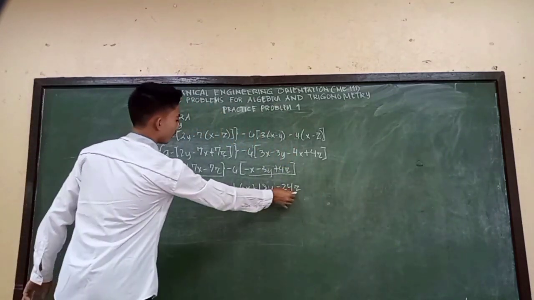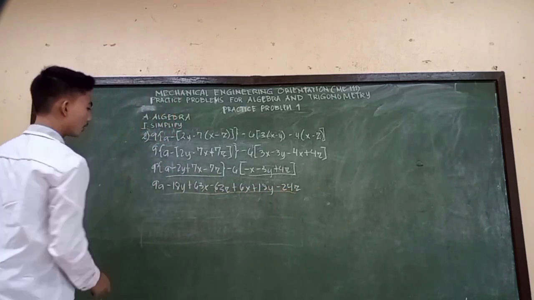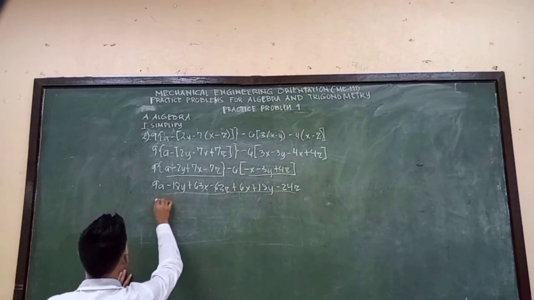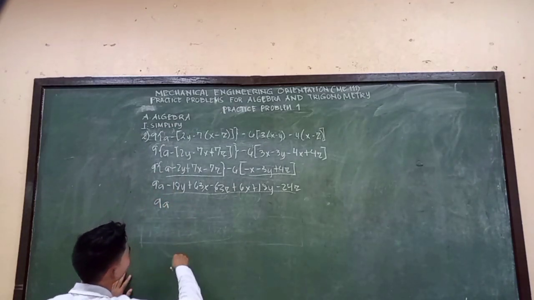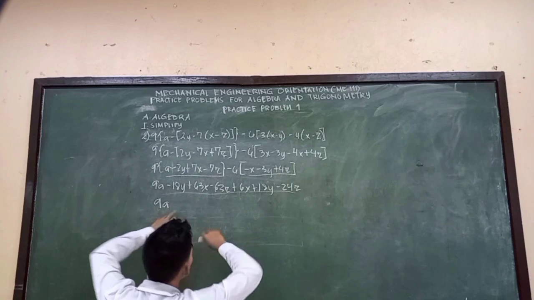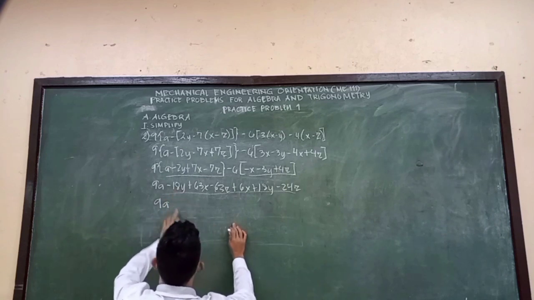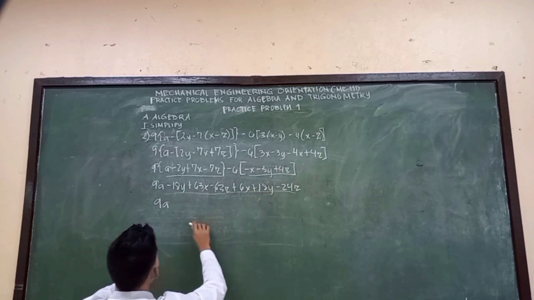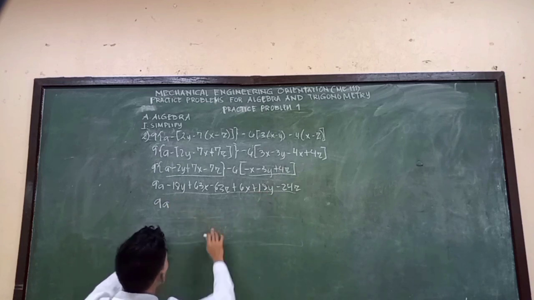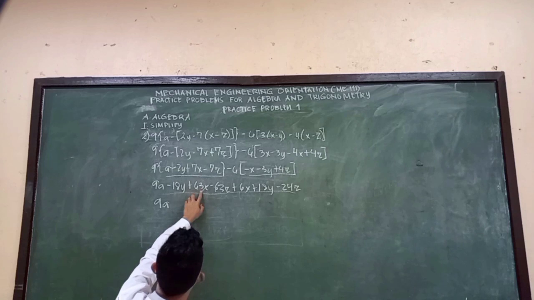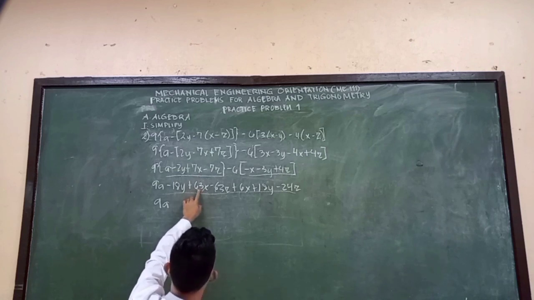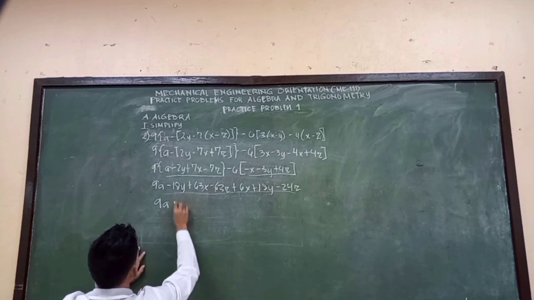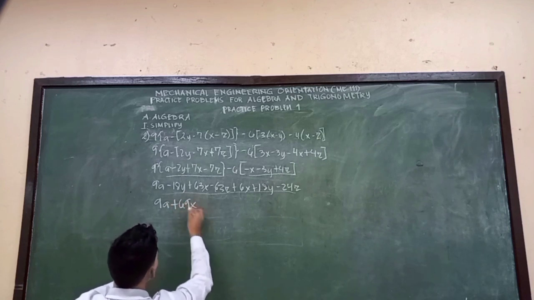We will just combine like terms in this expression. So we will first have 9a, then negative 18y plus 18y is 0. Now, 63x plus 6x is positive 69x.